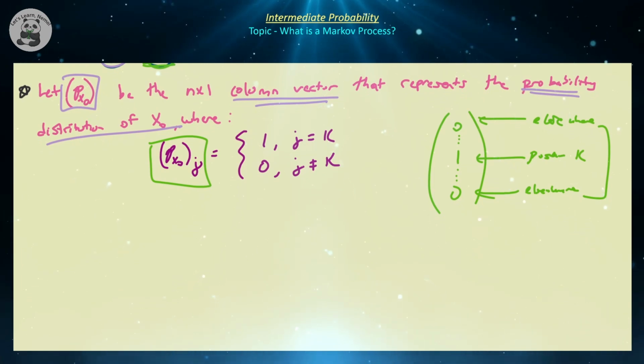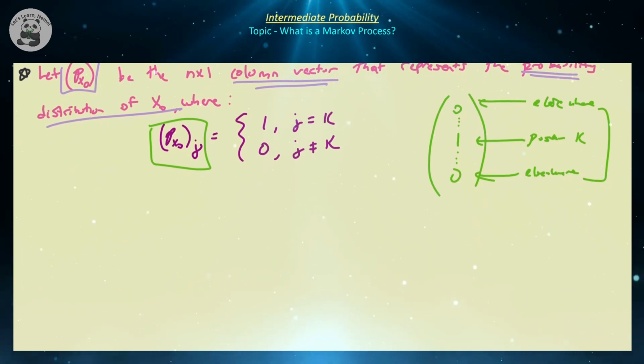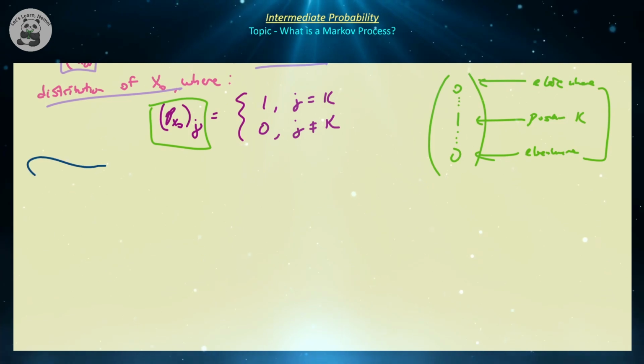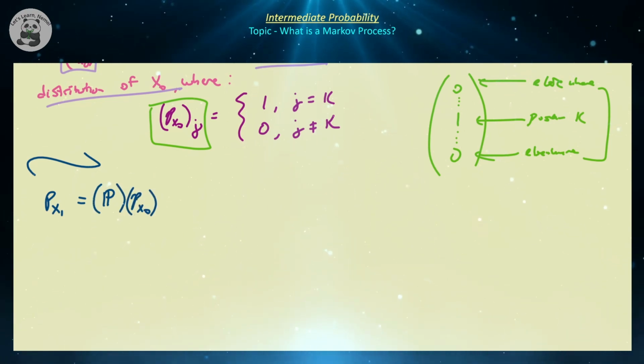Okay? So now our question becomes, how do we find the probability distribution for x1? The probability for x1 is going to be defined by the following vector. So px1 is equal to our stochastic matrix P multiplied by px0, again a vector.